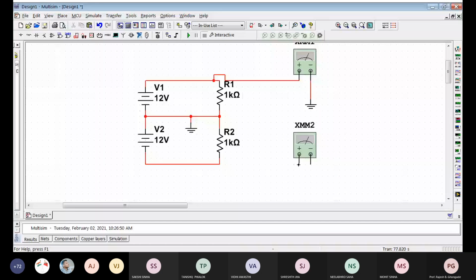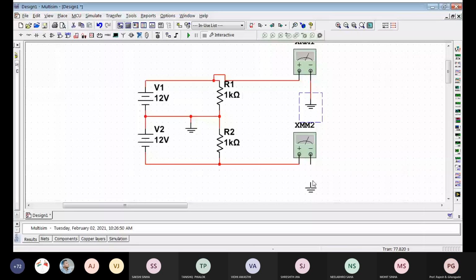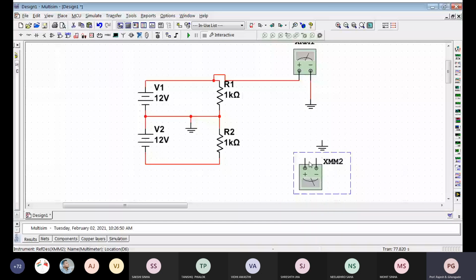Similarly, I have to measure here like this. But you'll see that this is wrong. I have to do it like this. We are going to see what the voltages are.